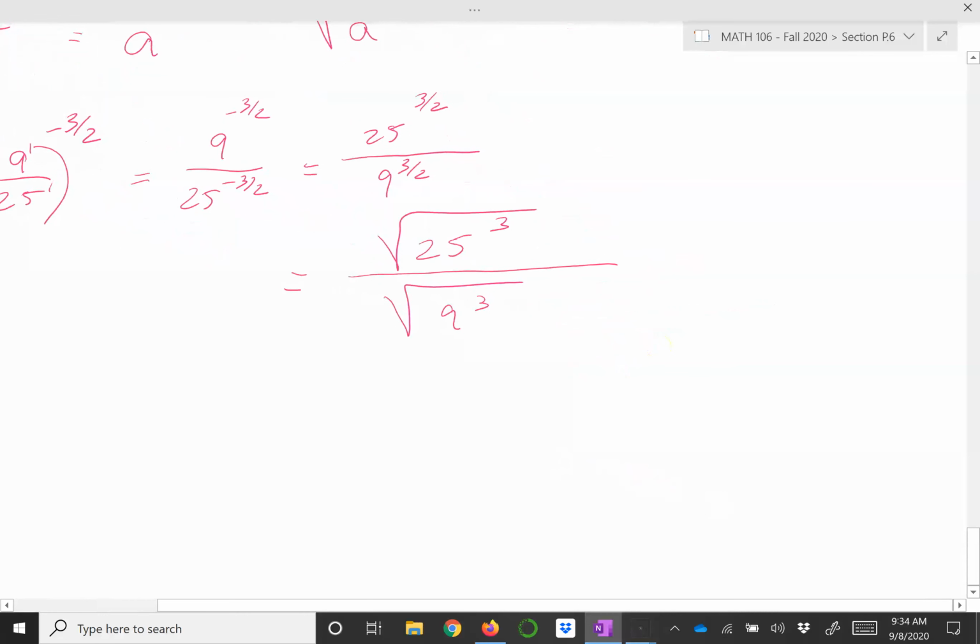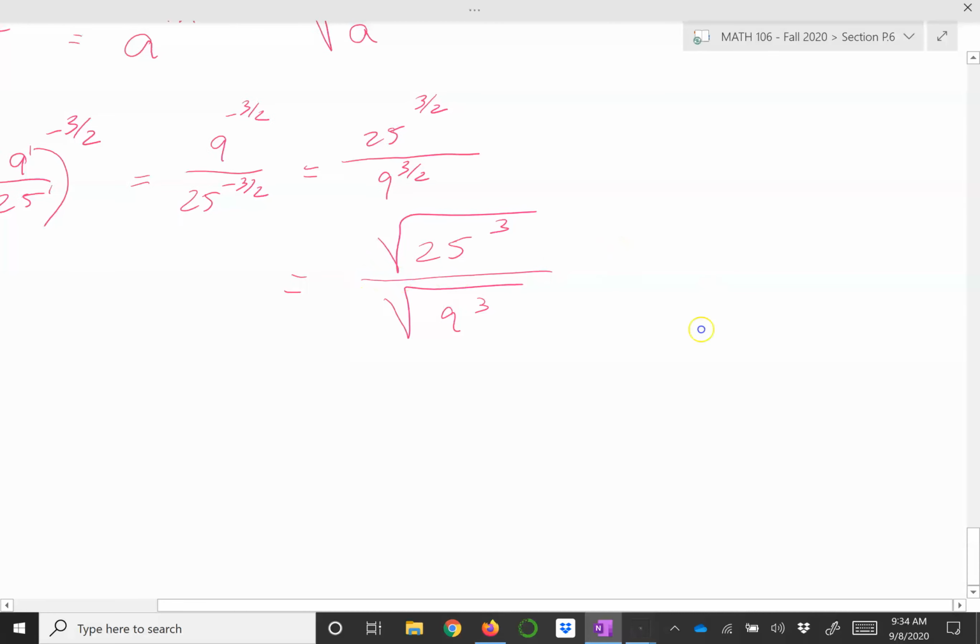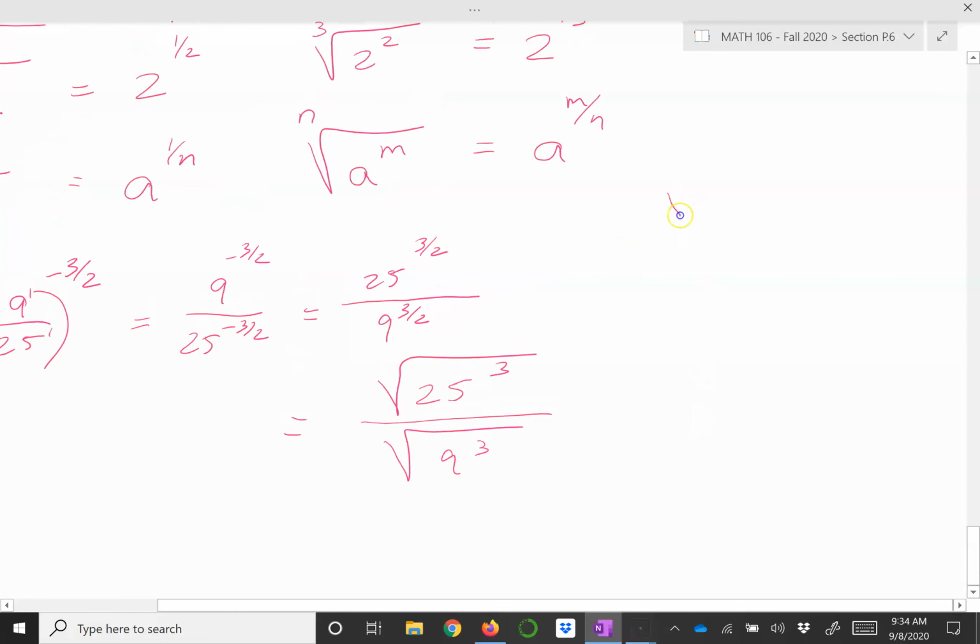Now you could multiply out 25 cubed and 9 cubed, but then you're going to have to factor it anyway. But here's a trick. Not really a trick, right? Do you remember when we did this with variables? I'll just put this as an aside. If we had x cubed, remember how we changed that to the square root of x squared times the square root of x? Can we do that here with numbers?